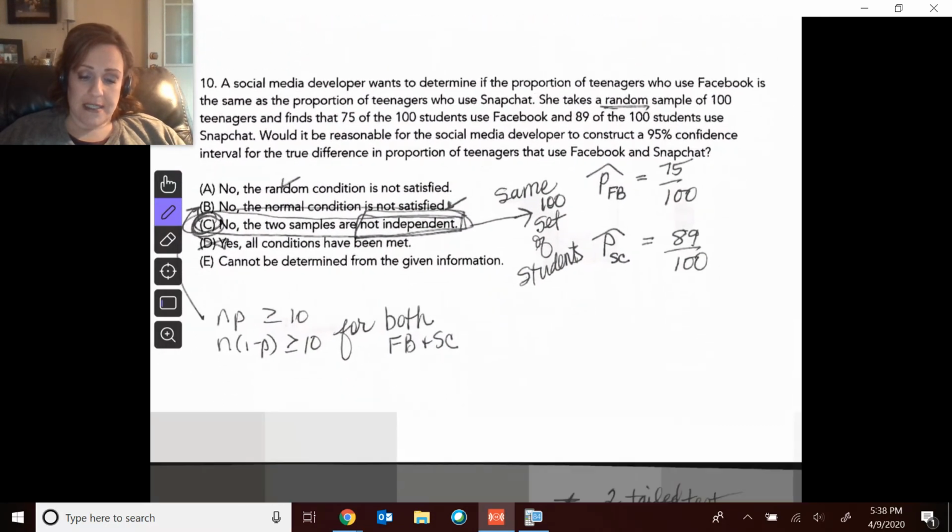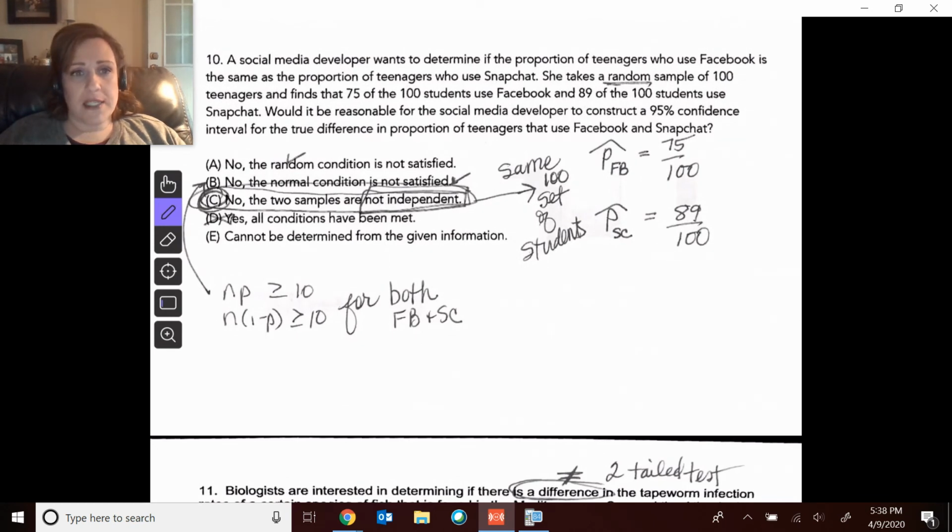All right, number 10. If you watched my previous video about the warm-up for naming the test, I talked about this problem in it. Here we have a sample of 100 teenagers, and they got 2 pieces of data from those teenagers.